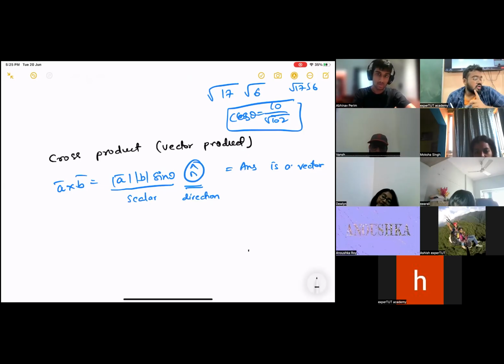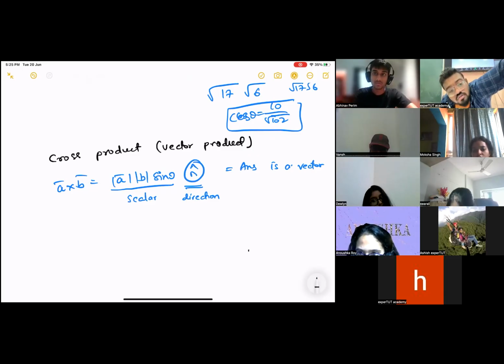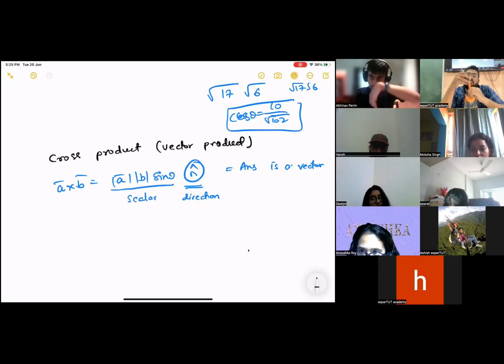To understand cross, there should always be 3 dimensions. Okay, why? Let's say this is an orange chalk marker and this is a yellow chalk marker.